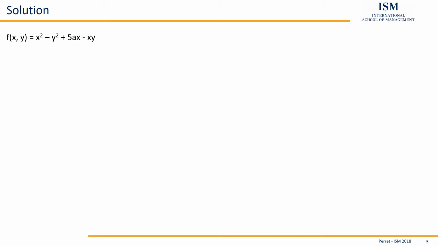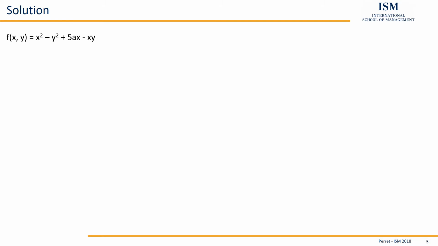So with regards to x, the only important parts are the x squared plus 5ax and minus xy. So here we get as a first part, as a derivative, 2x plus 5a minus y, because the y in this context acts like some kind of constant.